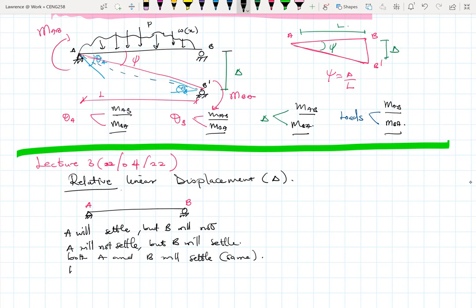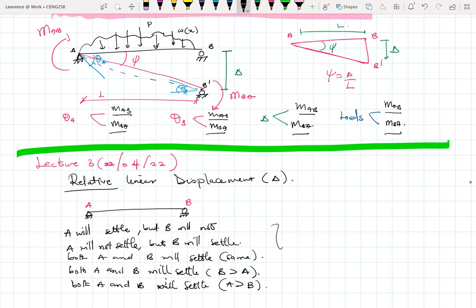Or in some cases, even though both A and B will settle, maybe B will settle more than A. Or where both A and B will settle, maybe A will settle more than B. So in all these cases, what is of interest to us is a relative term. So I'm going to go ahead and explain that shortly.